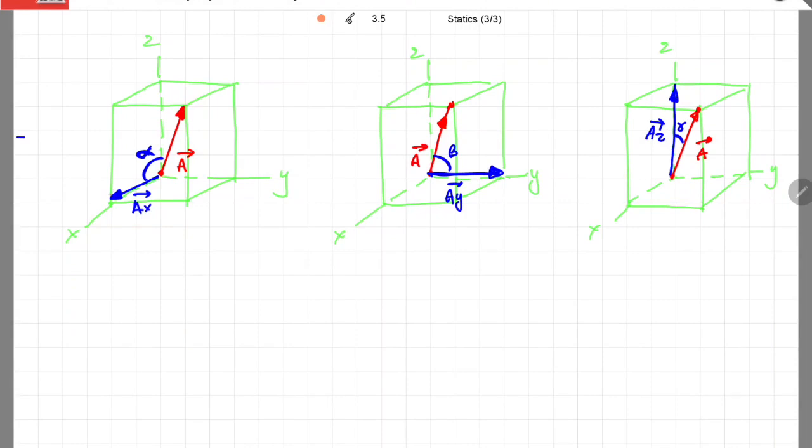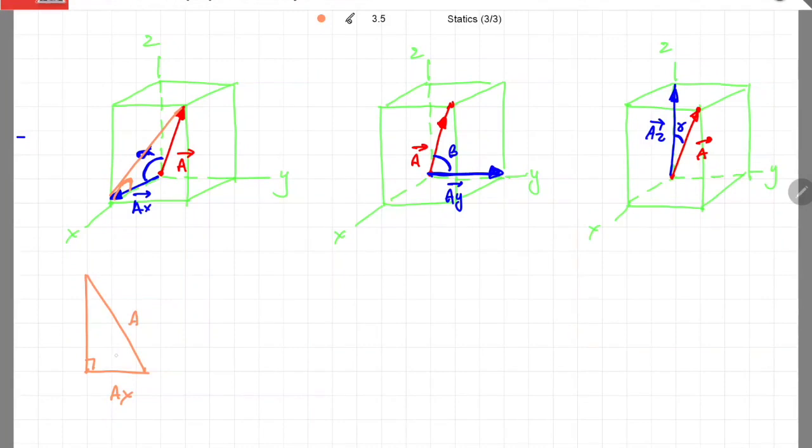Now, very carefully, we draw a line connecting vector A and also vector AX. This angle would be 90 degrees because it's a cuboid, like a box. So if we project this triangle into a two-dimensional view, this is how it's going to look. The magnitude of AX would be over here and the magnitude of A would be over here.